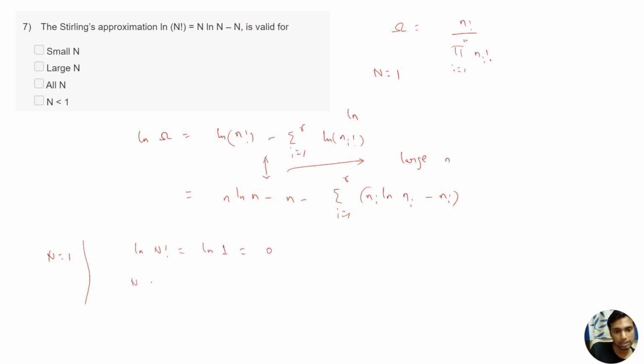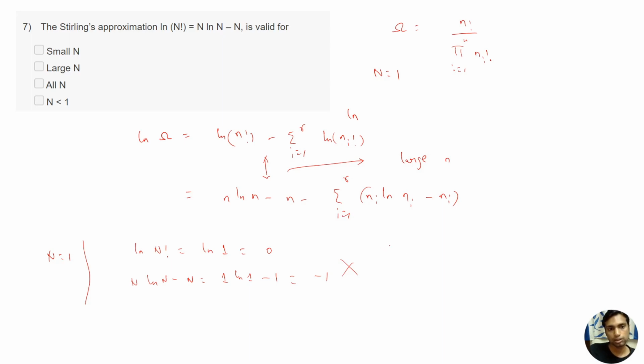But n ln n minus n is 1 ln 1 minus 1, ln 1 is 0, so it is minus 1. So this equality doesn't hold at all. So Stirling approximation is not correct for 1.